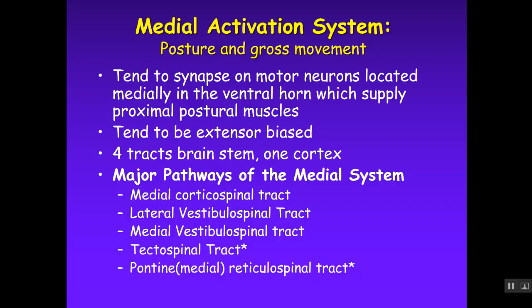So when you think about how all 5 of these work together, they tend to contract postural muscles and bias extension as a group. There are some exceptions, and some of the exceptions depend on normal influence from higher centers of your brain, how well they work or don't work.